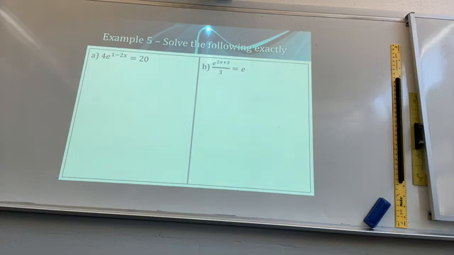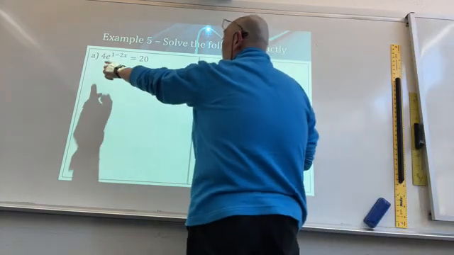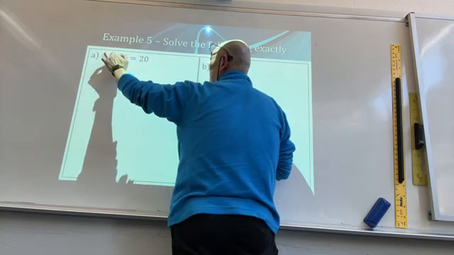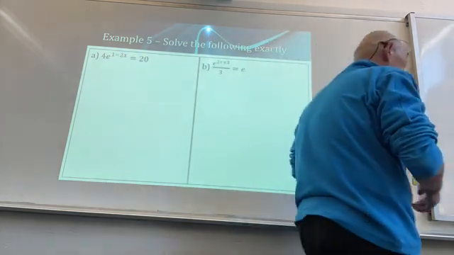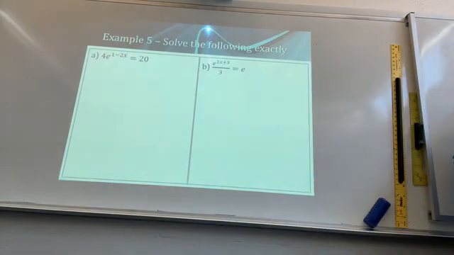What is the first step you would do with this? Divide by 4. Thank you. Divide both sides by 4. Therefore, you know that e to the power of 1 minus 2x is 5.